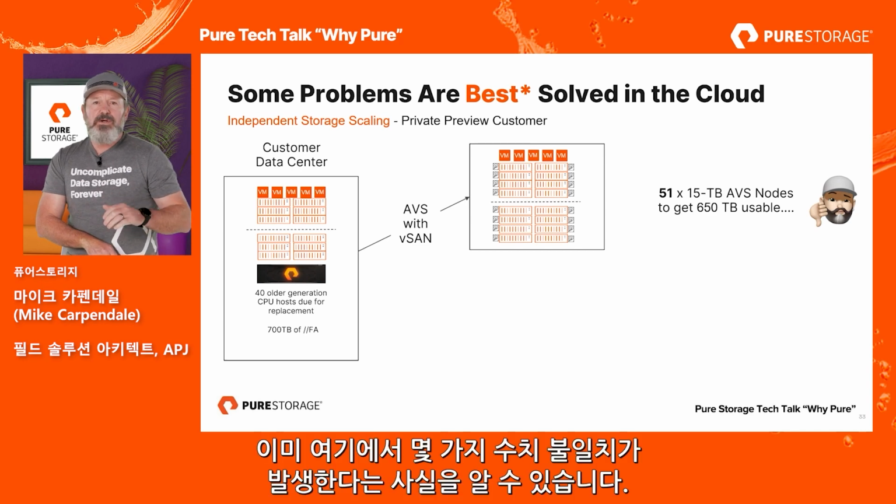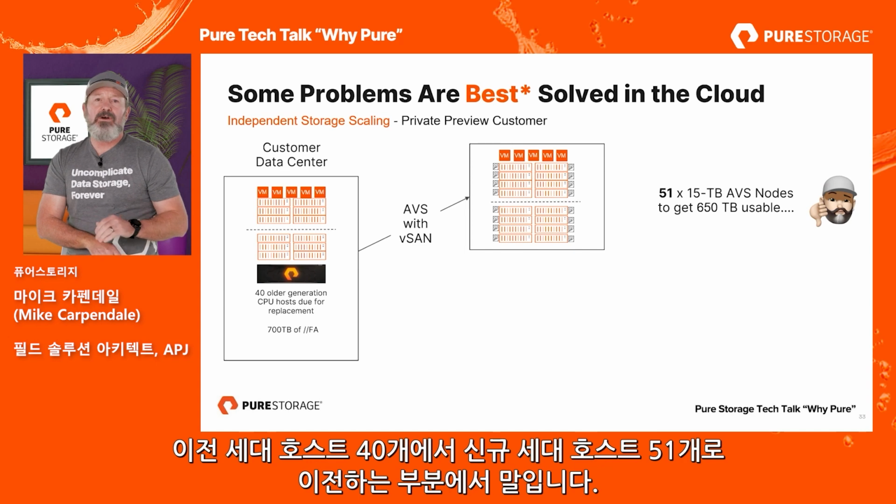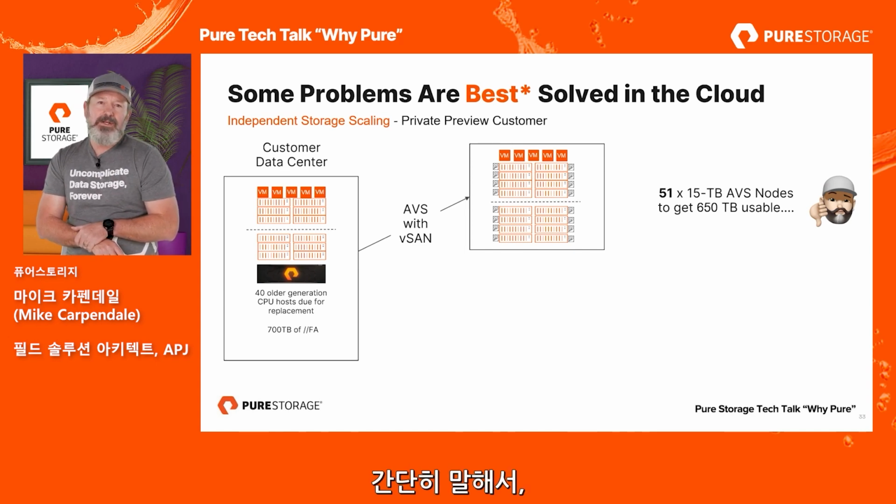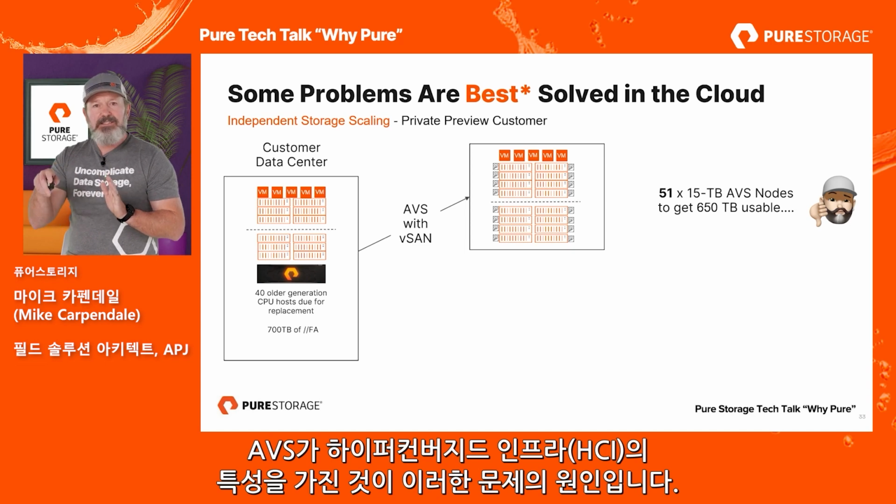From there, we can already see some number mismatches going on. 40 older generation hosts to 51 newer generation hosts. Put simply, the HCI nature of the Azure VMware solution is what is causing this particular problem.